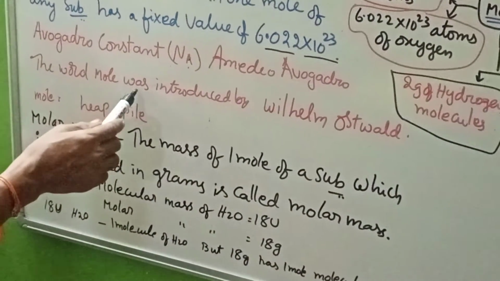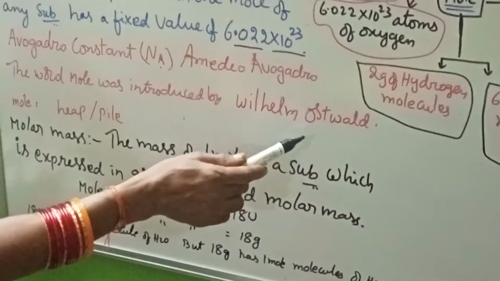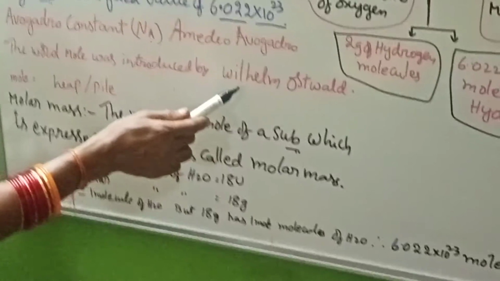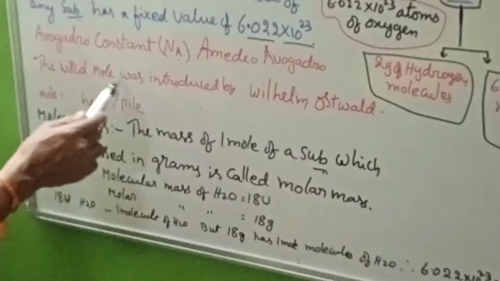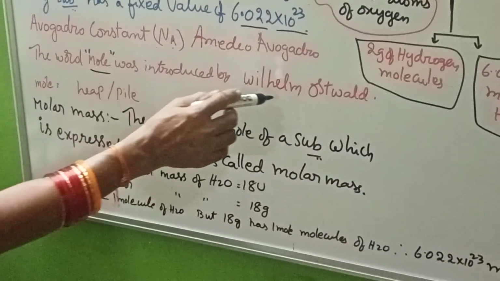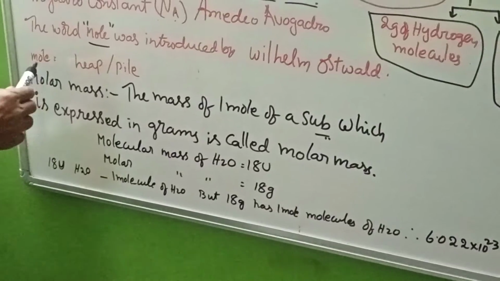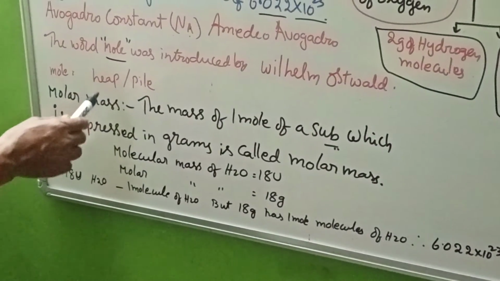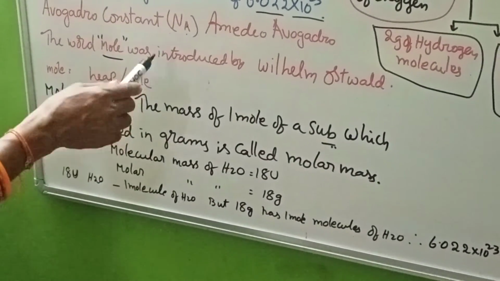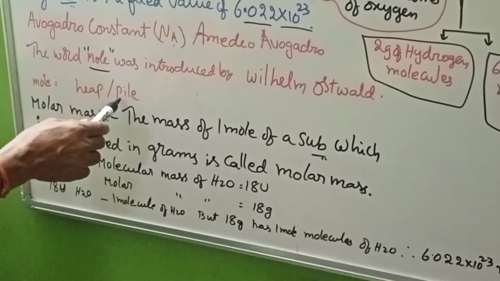Next, the word mole was introduced by Wilhelm Ostwald. They may give you this question in your bit paper. The word mole was first introduced by Wilhelm Ostwald. Mole is a Latin word which means heap or pile. Pile of books or pile of things, it means either a heap or pile.